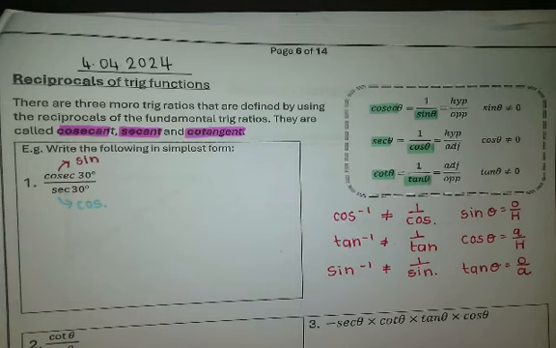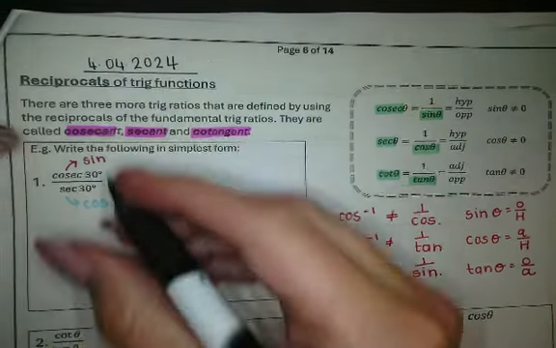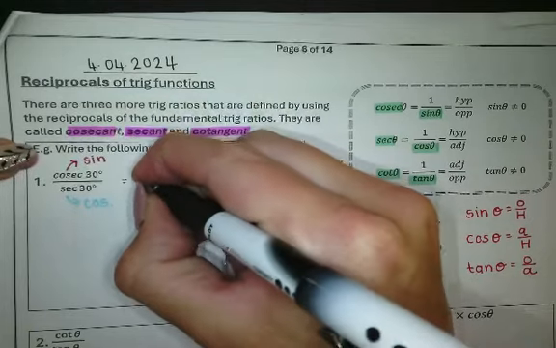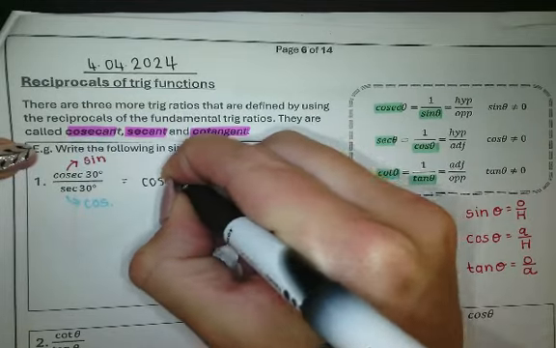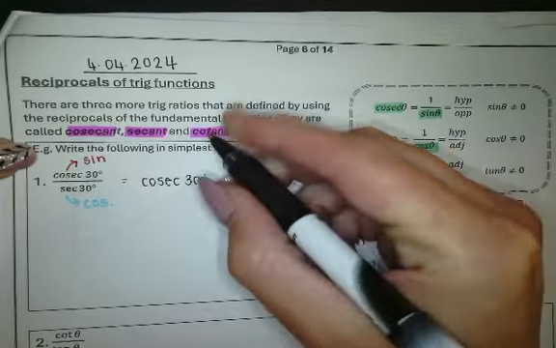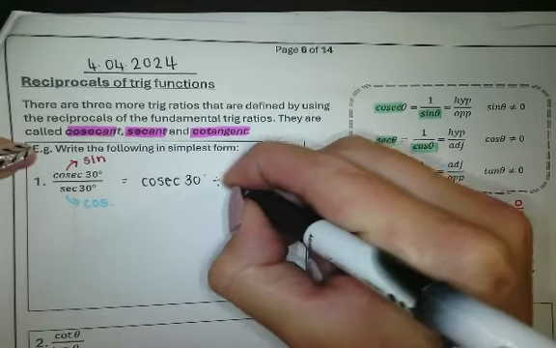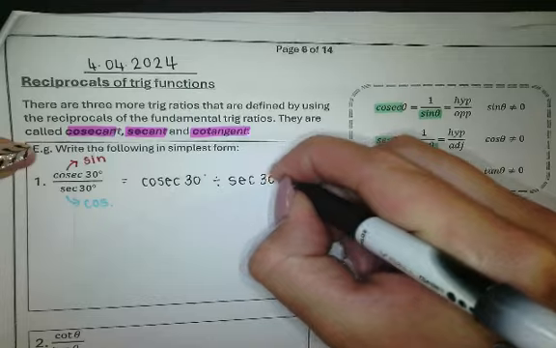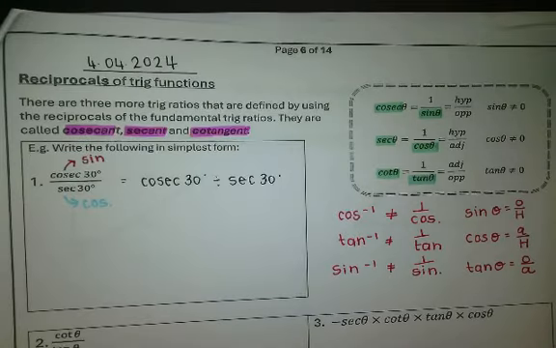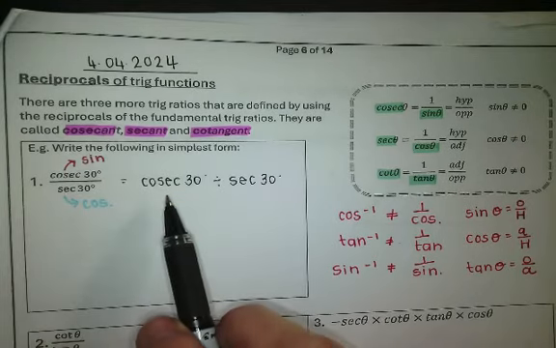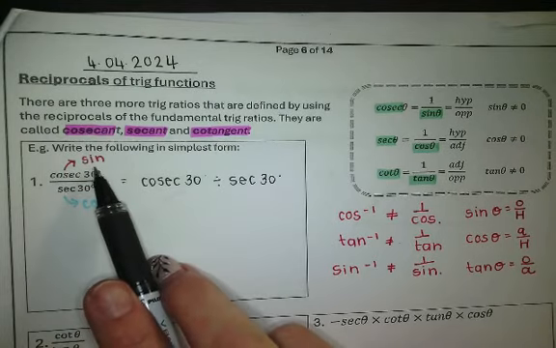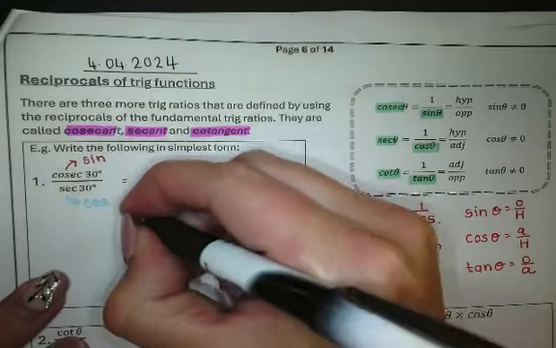Right, so we don't have triangles in this instance. To know where the hypotenuse lies, where adjacent is, we don't know any of that. So what we're going to use is this: cosec 30 divided by sec 30. We've just said that cosec is the reciprocal of sin.